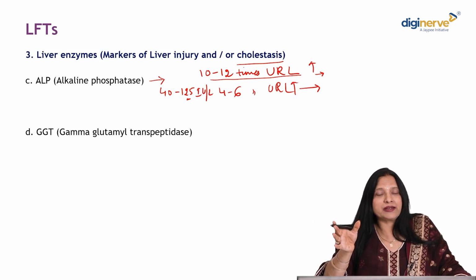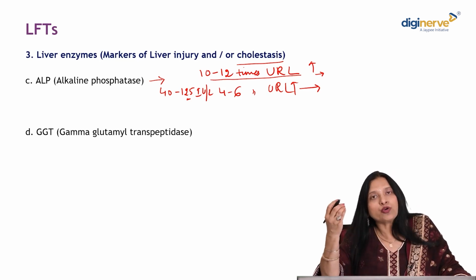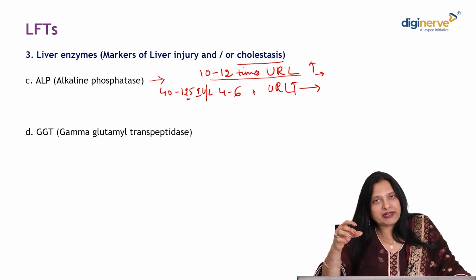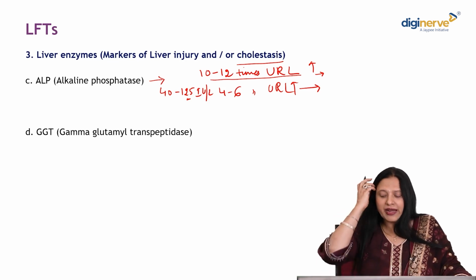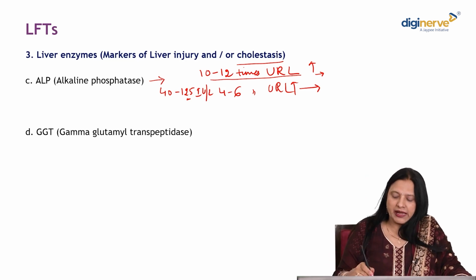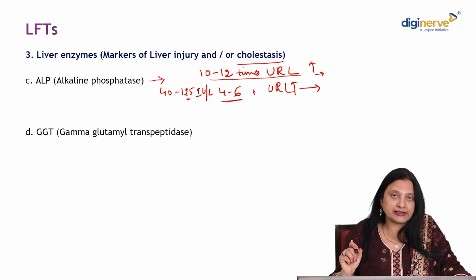Viral hepatitis, an inflammatory disorder of the liver, involves both hepatocellular damage and a cholestasis element, because inflammation, swelling or ballooning of the hepatocytes causes the small channels to get obstructed. So intrahepatic cholestasis levels are increased, but not to that high extent.